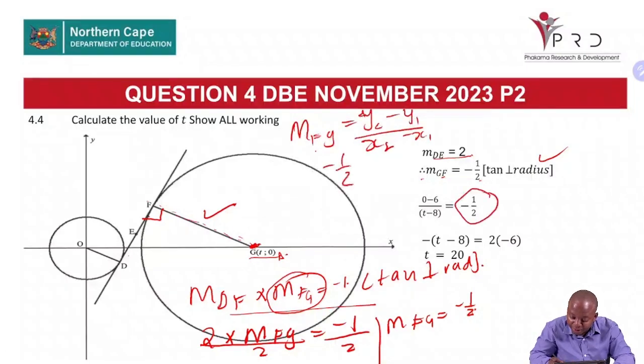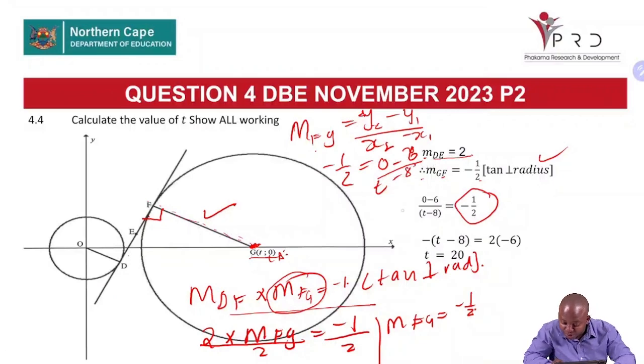It's equal to y2, which is 0, which is the g, minus y1, which is the coordinate of f there, which is 6, all over x value t minus our x value there which was 8. Thereafter, we solve for t. Just cross multiply. Then we find that t is 20 units.